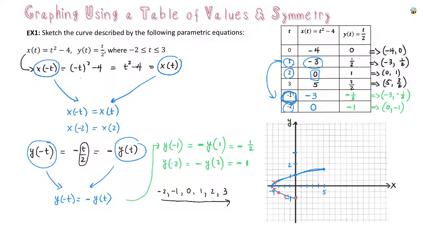Then when t is equal to 2, the coordinates are (0, 1). So the point is here. And then when t is equal to 3, the point is now at (5, 3/2). So then indeed, this particular bug moves in this direction. If you remember our cute little bug, it started here and then it moves in this direction along the graph and it continues to move right here. And then it will stop there because t can go as far as 3.